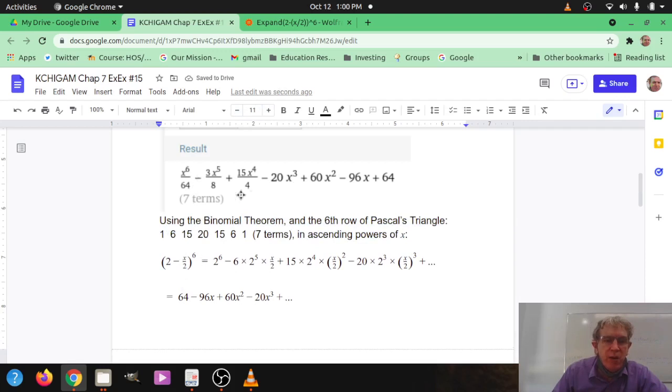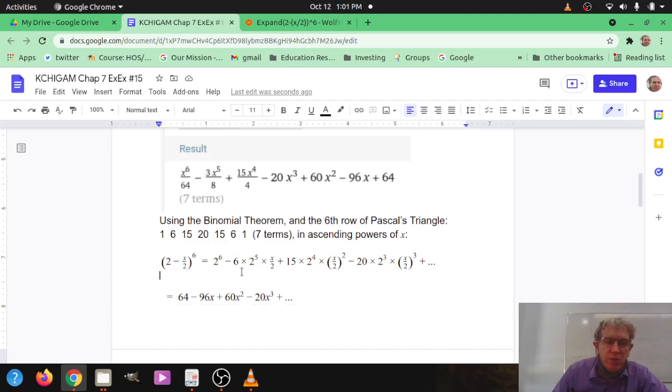Now I'm going to do each term one at a time, and I'm going to use Wolfram Alpha as a guide here. Well, I know that the first term is 2 to the 6th power, and 2 to the 6th, of course, is 64. So that's where I'm going to get that 64. So that makes sense.